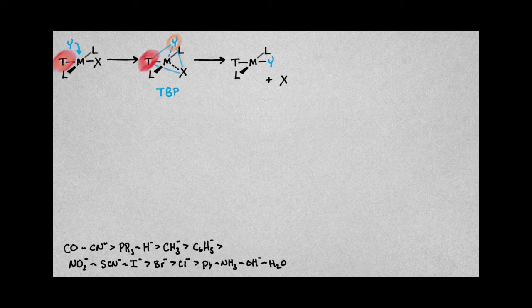And the pattern here is that as your trans ligands become better sigma donors and pi acceptors, you see an increase in the rate of ligand substitution.